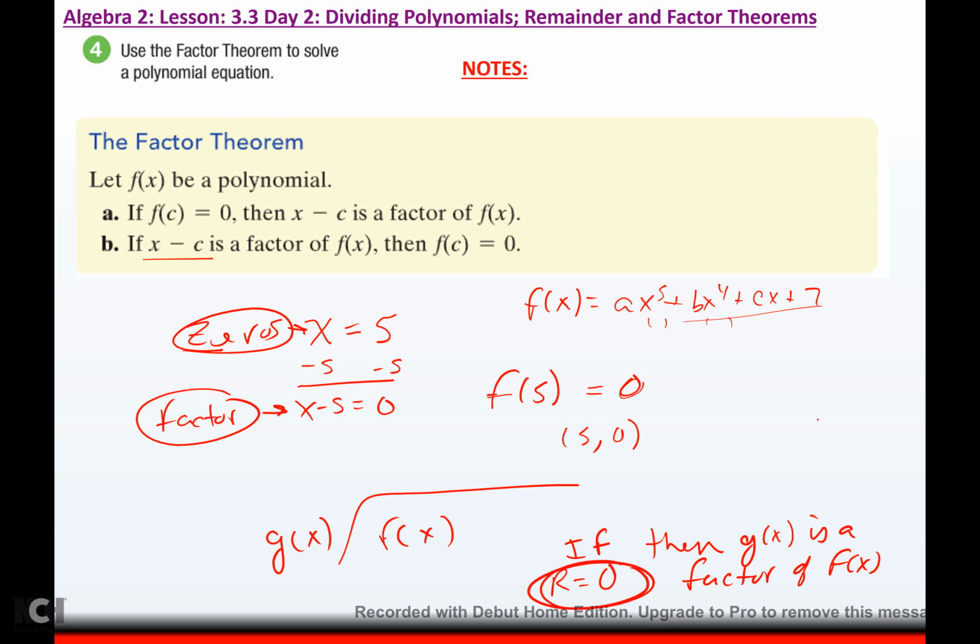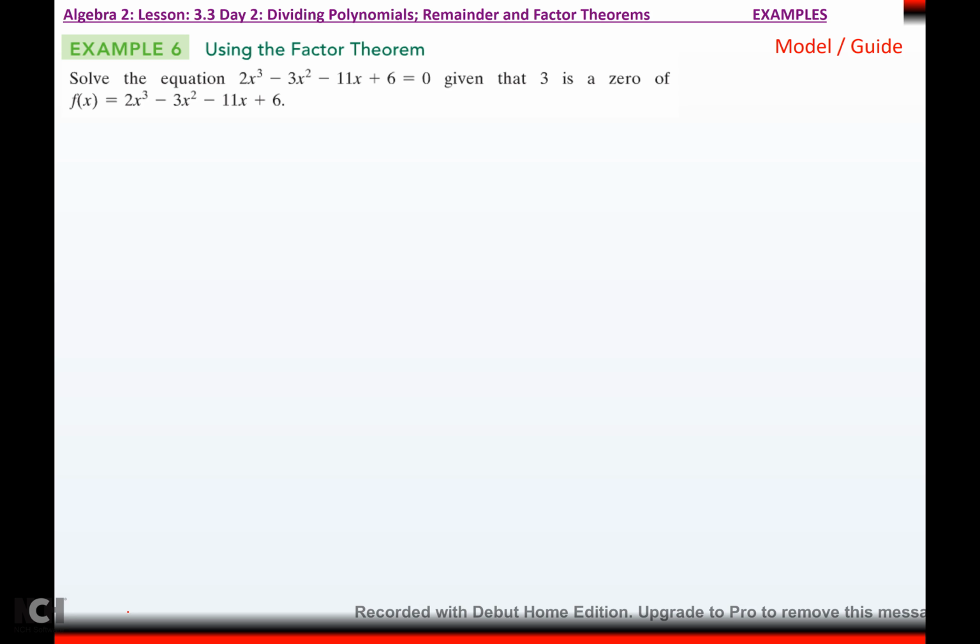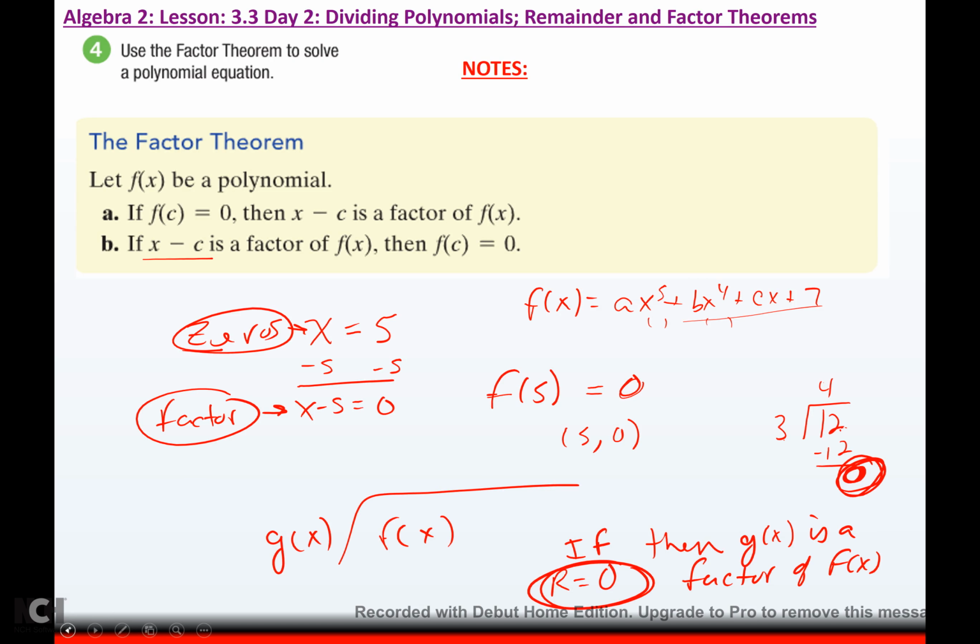Think about it: 12 divided by 3 is 4, take away 12, remainder 0. So it tells me that 3 is a factor of 12. It also tells me that 4 is a factor of 12, because they divide into it without a remainder. The same thing is true with polynomials.